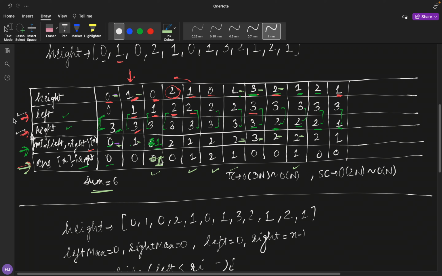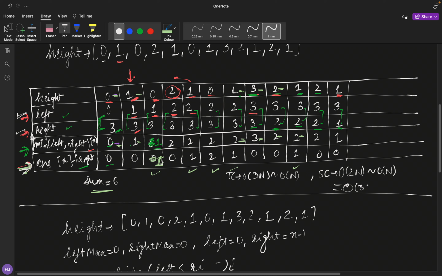So storing all of this in one answer array and then calculating the sum of that answer array, right?